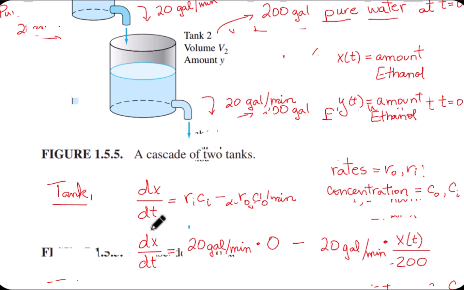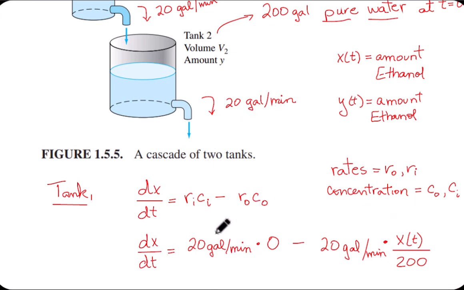All right, so let's see. For tank 1, we have our basic differential equation for mixing. Rates in, rates out. My rate in was 20 gallons per minute of pure water, so that's 0. The rate coming out is 20 gallons per minute.